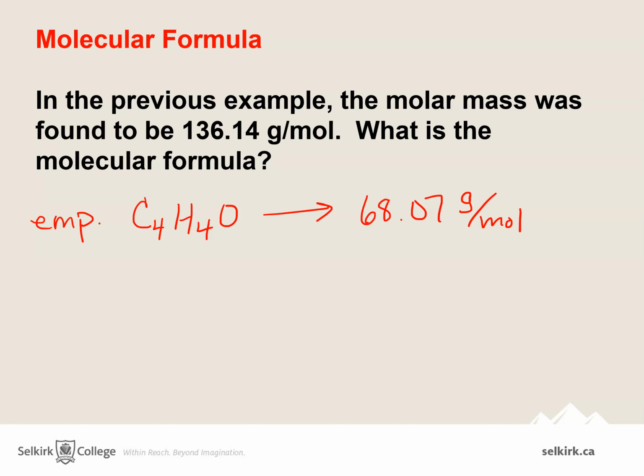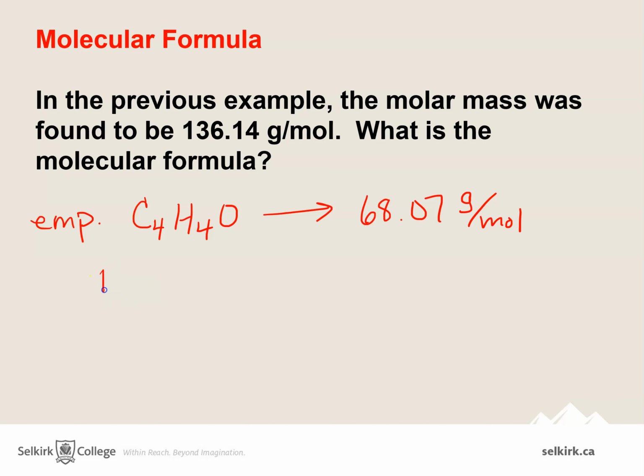What I see from the numbers here is that the molar mass based on the empirical formula looks like it's about half the true molar mass. So I think the molecular formula would have to have twice the number of atoms, or double. But if I can't see it that clearly, I have a system for that.